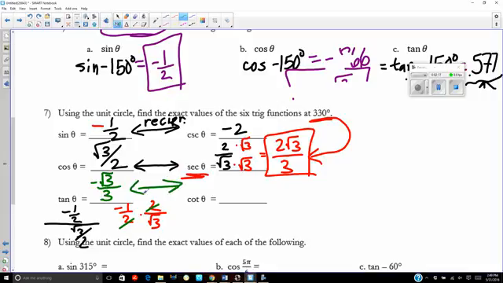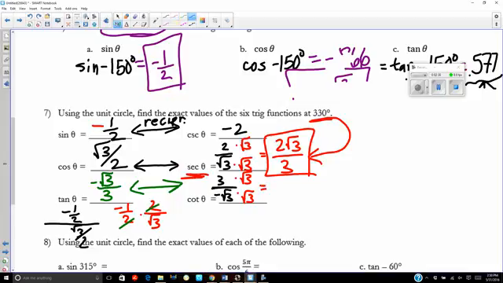And then cotangent's the reciprocal of tangent. So we're going to flip and then rationalize the denominator. Get rid of the radical on the bottom. Multiply bottom and top by radical 3.